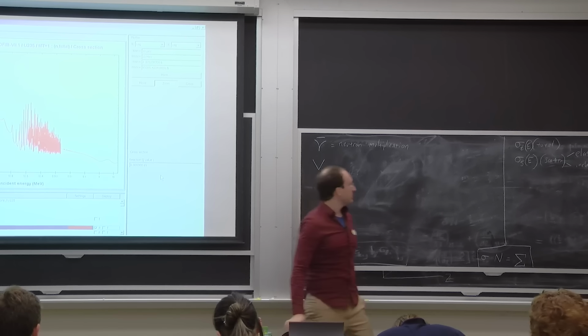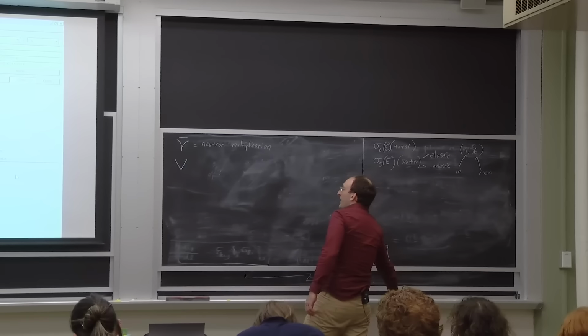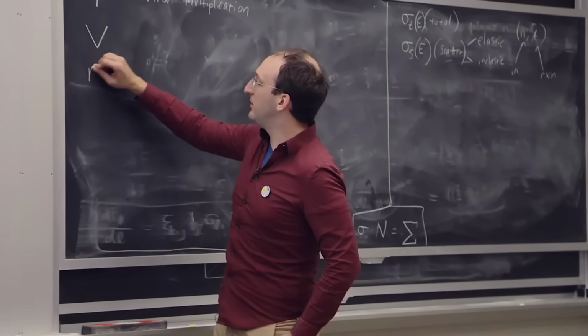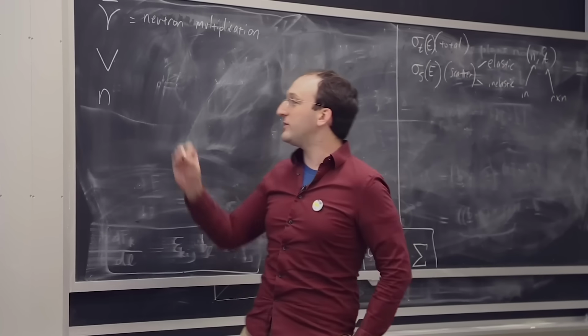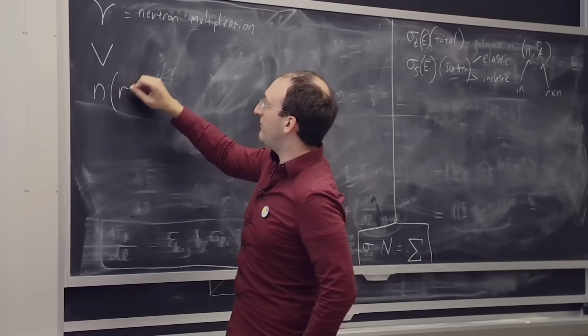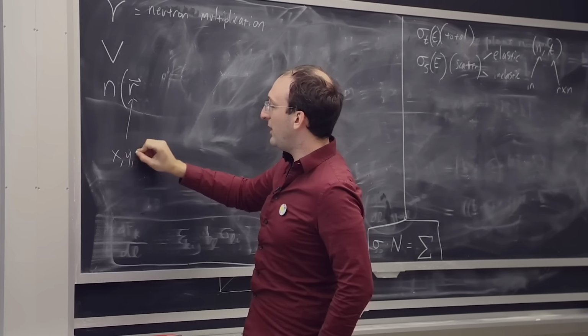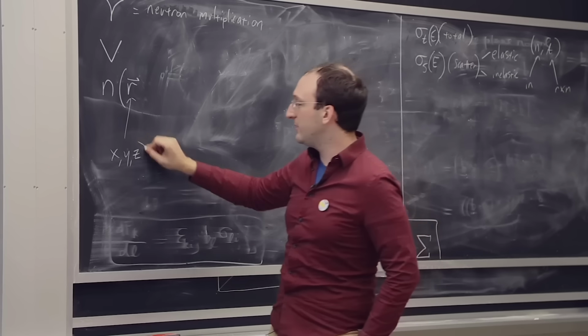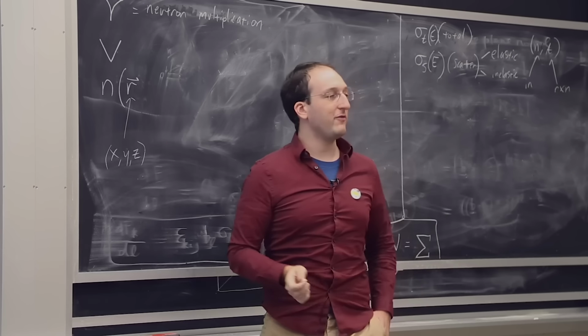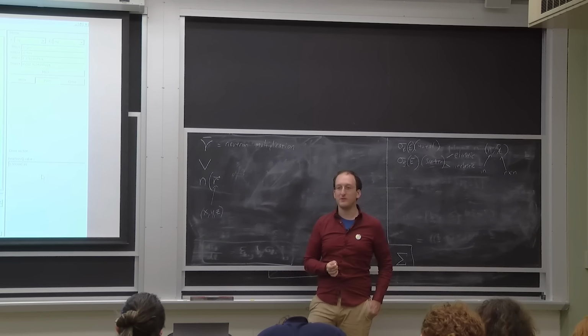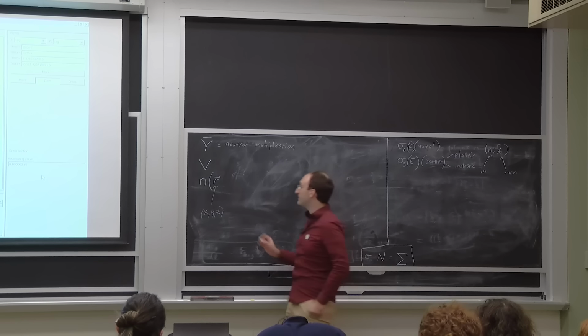Because what we're really concerned with here is tracking the full population of neutrons at any point in the reactor. So we'll give this a position vector r, which has just got x, y, and z in it, or whatever other coordinate system you might happen to use. I prefer Cartesian because it makes sense.